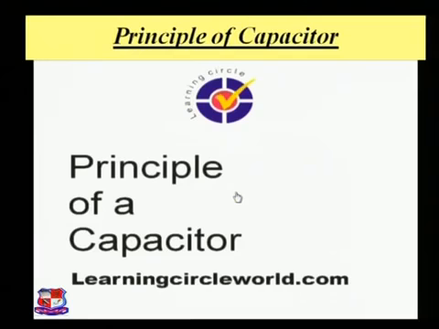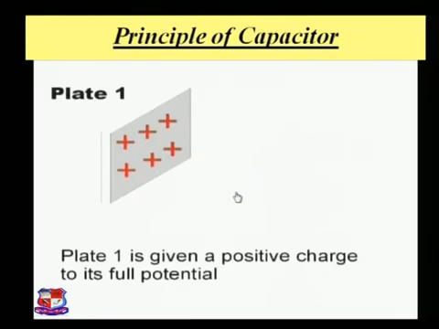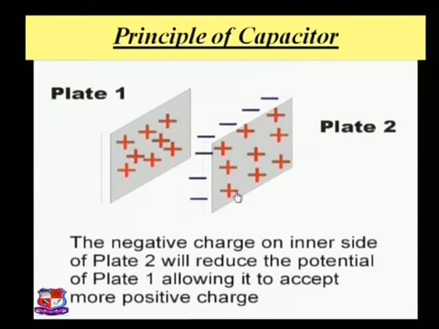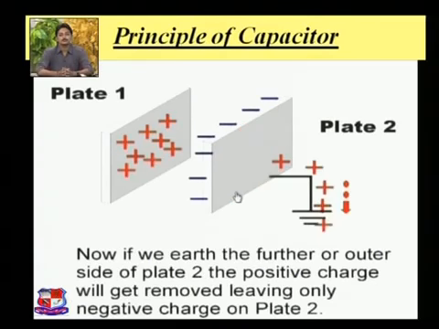This is one animation which shows the principle of a capacitor. Plate 1 holds the positive charge carriers, indicated with the positive sign. The other plate is also a conducting plate. What happens when the charge carriers move from plate 1 to 2?